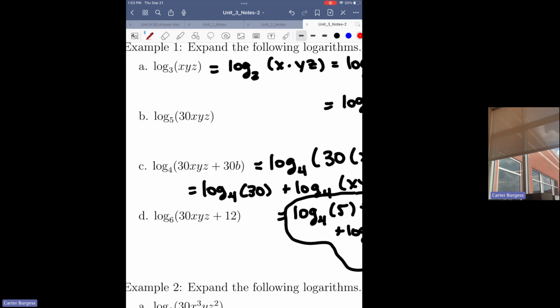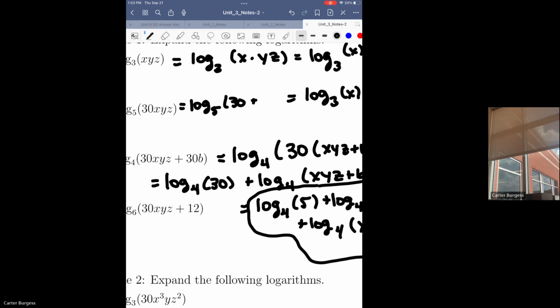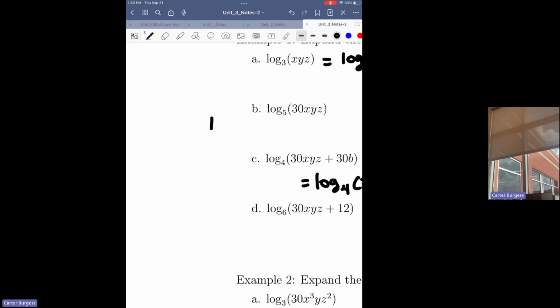So writing this as, well, this is going to be log base 5 of 30 plus, actually I'll go down here. This is log base 5 of 30 plus log base 5 of xyz.